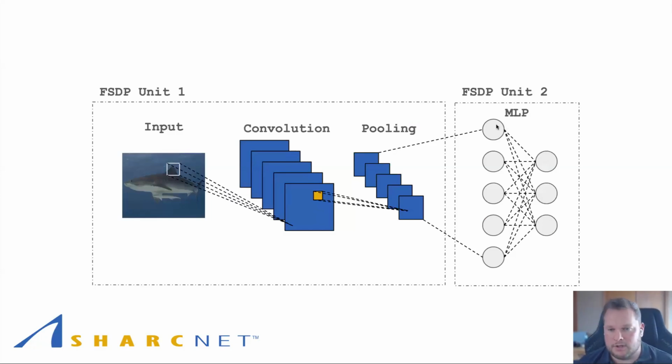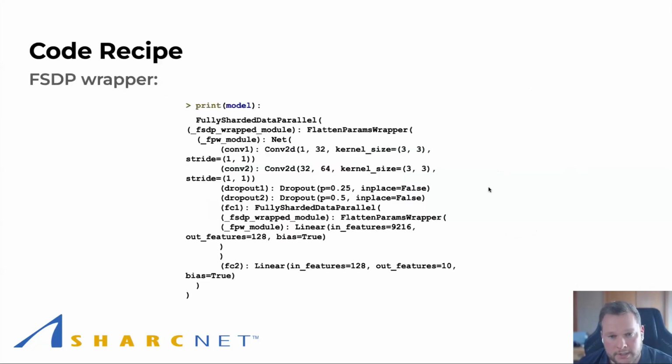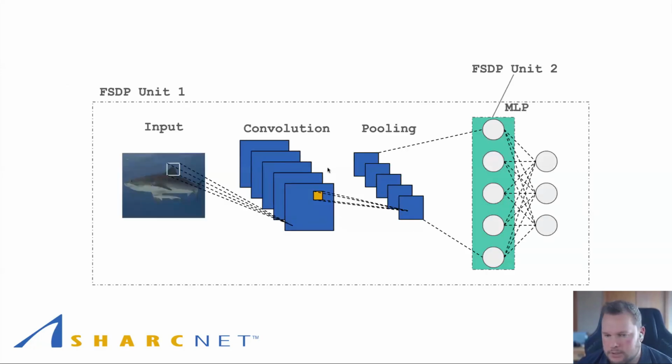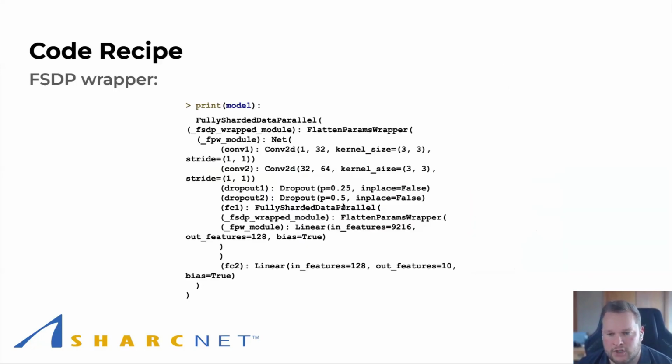Here we're using a size-based policy. A good thing to do after you have wrapped your policies is to print your model. It's just print model, and it will show all the different layers in your model, and you'll be able to see what gets wrapped in Fully Sharded Data Parallel. And we can see in this case, we only have 2 FSDP instances.